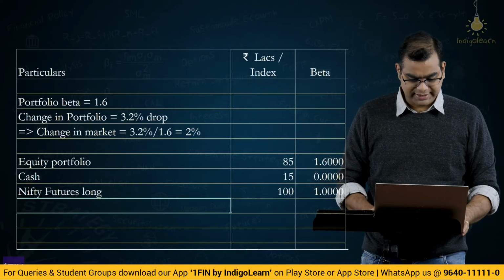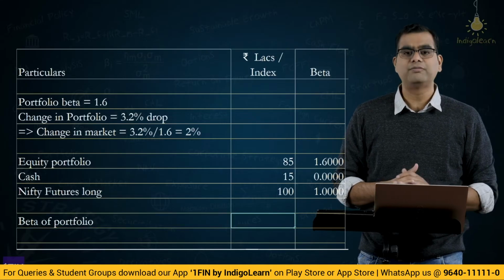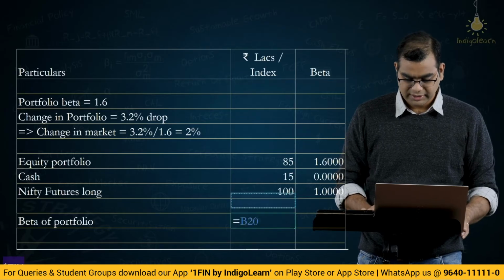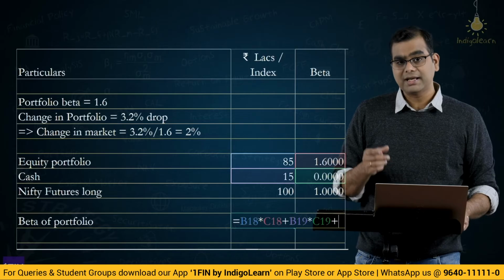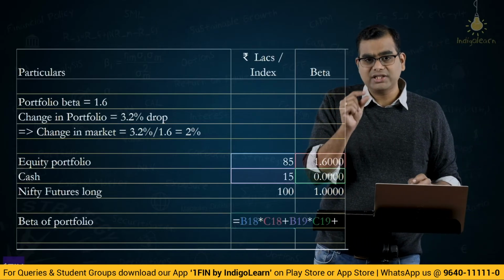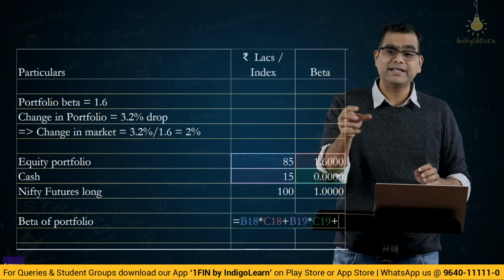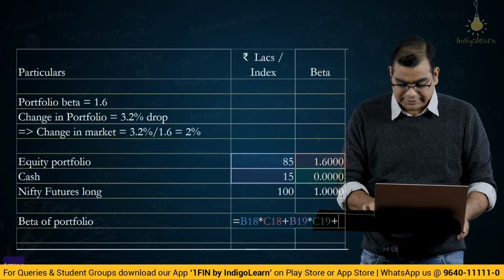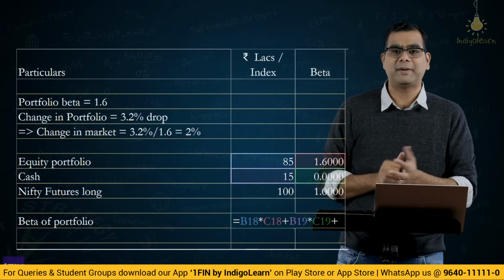So, if you look at this, beta of portfolio is 85 into 1.6 plus 15 into 0 plus, if there is any change in the value of the index, you get a profit. So, entire profit is attributable to you. So, even though that 100 is not part of your portfolio, the profit on 100 is part of the portfolio.